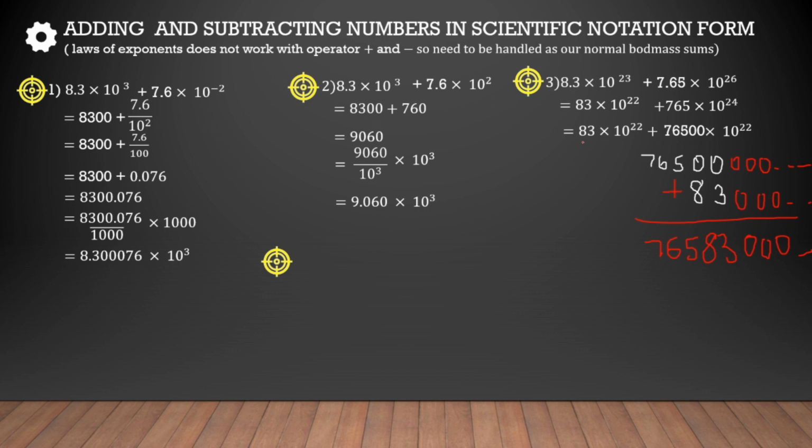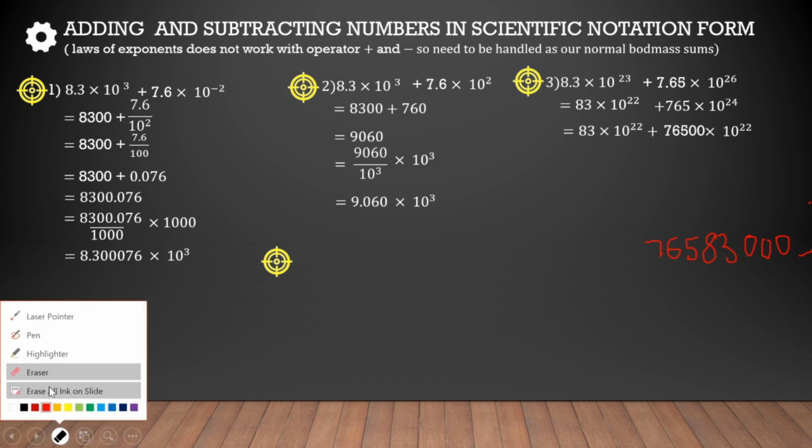Okay, so 83 followed by 22 zeros and 76,500 followed by 22 zeros is actually equal to 76,583 into 10 raised to power 22. No? So did you understand this? Now I'm erasing it. So what is our answer? 76583 into 10 raised to power 22.